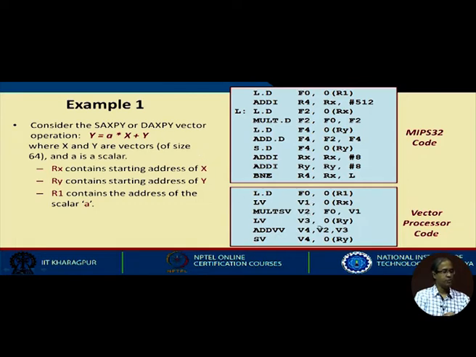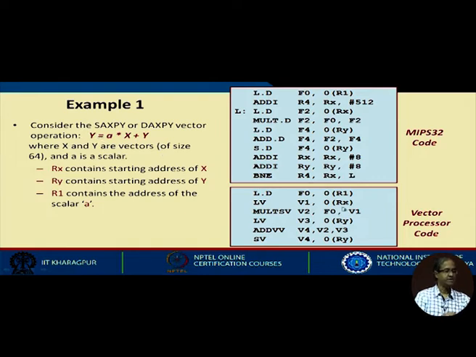Then we are loading the vector y into another register V3, the whole vector. Then you are adding V2 and V3, storing the result in V4 and we are storing the vector finally back into 0(Ry).